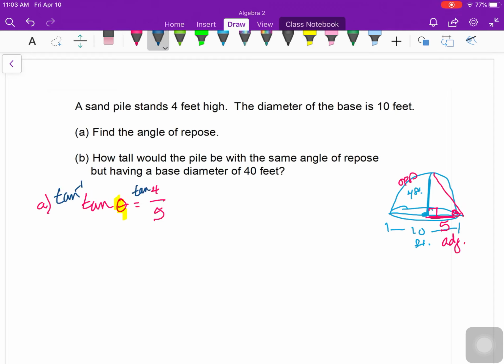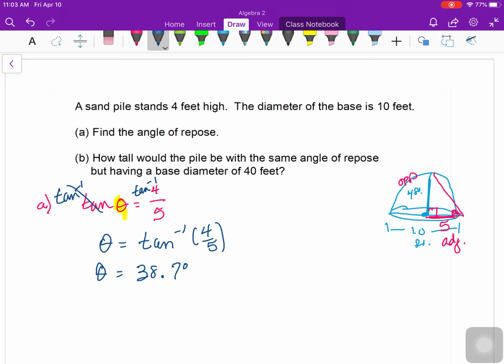So tangent inverse both sides. This gives me theta equals tangent inverse of 4/5. Again, 4 and 5 are not a special triangle, so I do tangent inverse, so second tangent of 4 divide 5. And I get 38.7 degrees.